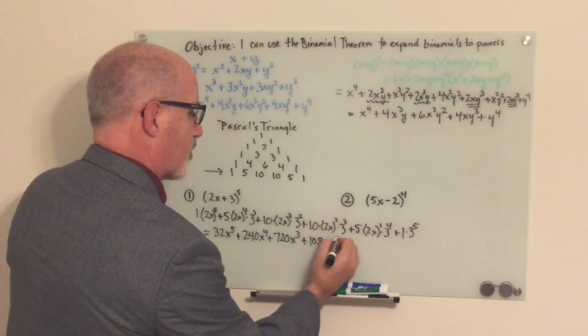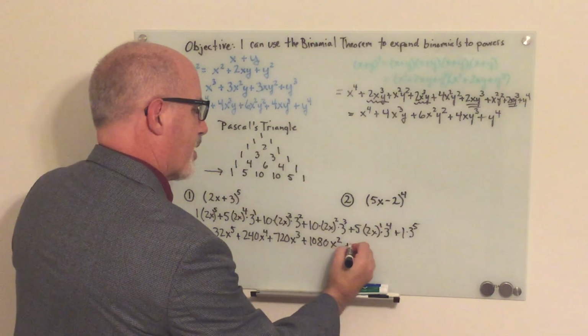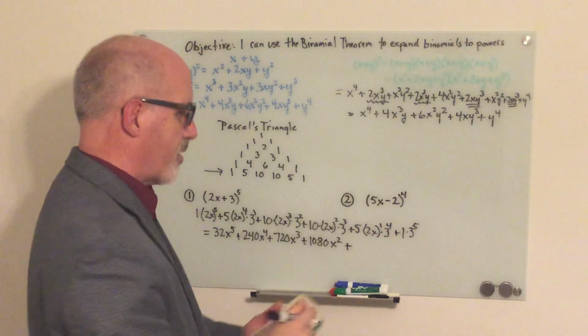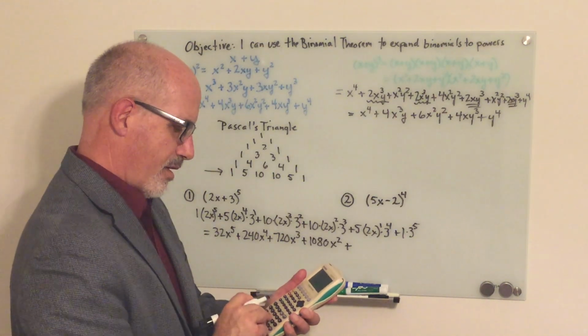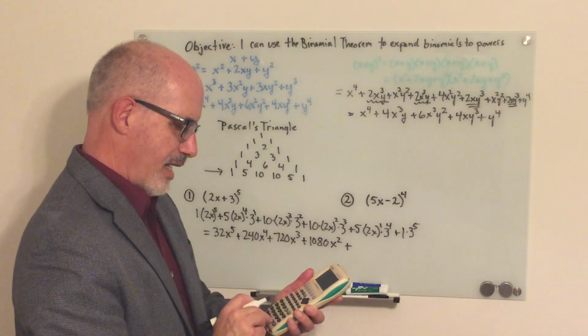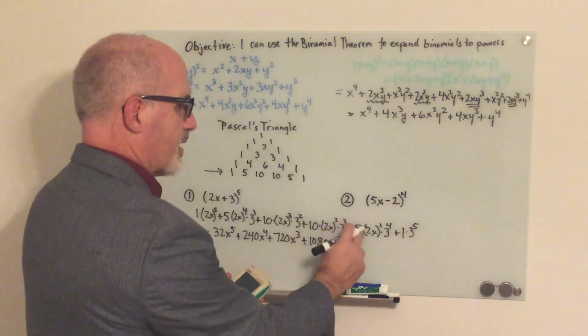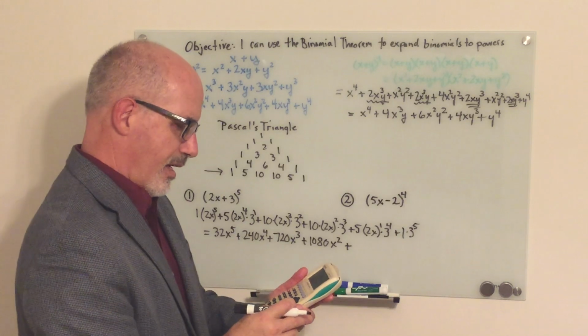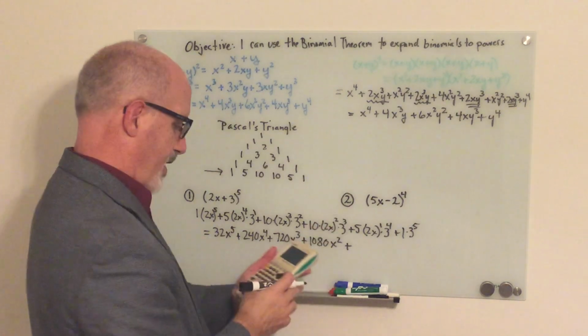This will be x squared. And then I'm going to do 2 times 3 to the 4th. 3 to the 4th, it's going to be 81. 81 times the 2. And then I'm going to multiply that by the 5.